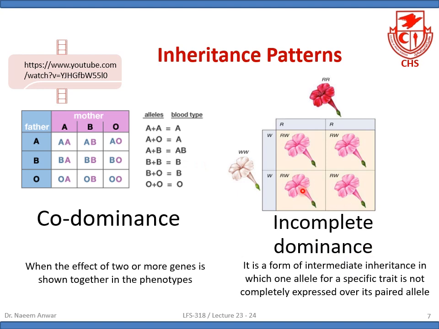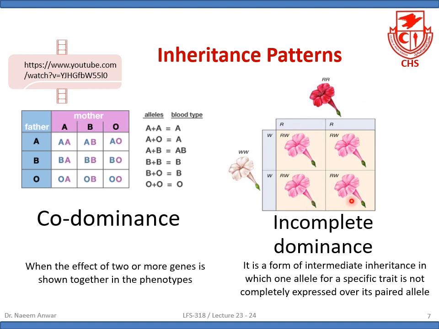The other pattern is called incomplete dominance because it is like an intermediate inheritance. Like here, we have a red color that was mated with a white color, and then we have a result of pinkish flower color. So this is incomplete dominance, where one allele for a specific trait is not completely expressed over its paired allele.